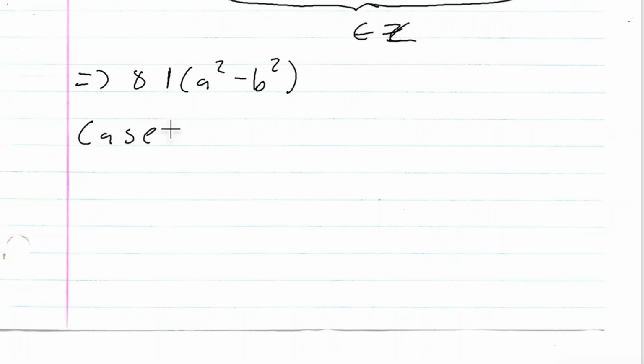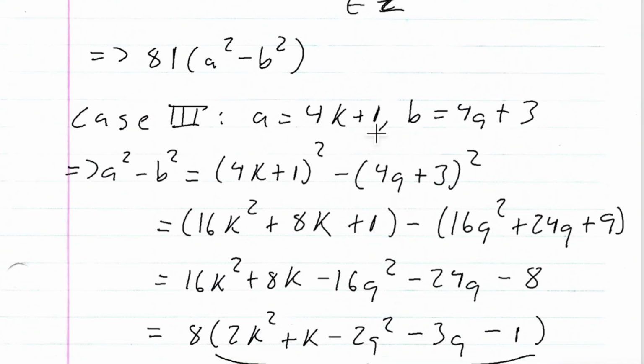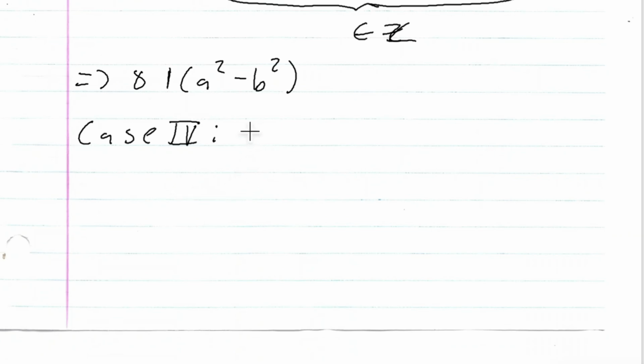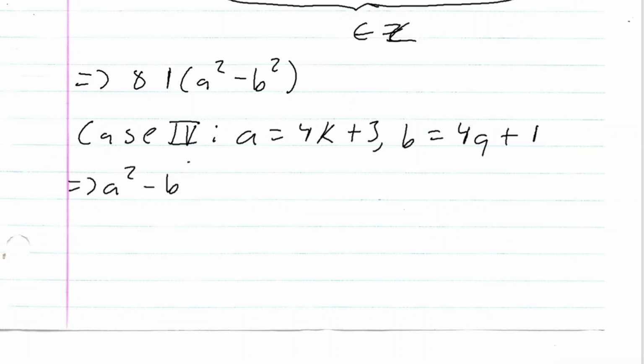I'll go ahead and do it, but it's going to turn out to be the same thing. So case number 4, that is when a is 4 times an integer plus 3, and b is 4 times an integer plus 1, right? So this would be when a is equal to 4k plus 3, and b is equal to 4q plus 1, right? So this means that a squared minus b squared is equal to (4k plus 3) squared minus (4q plus 1) squared.